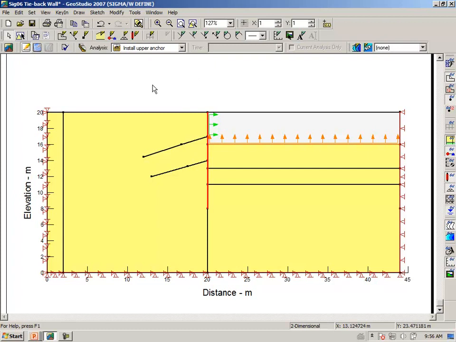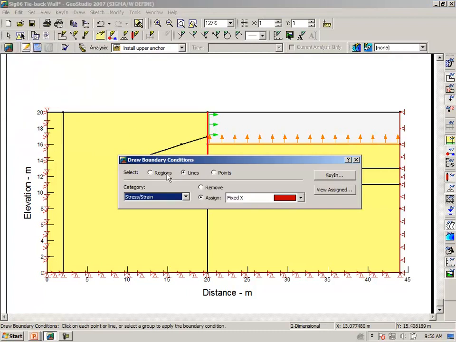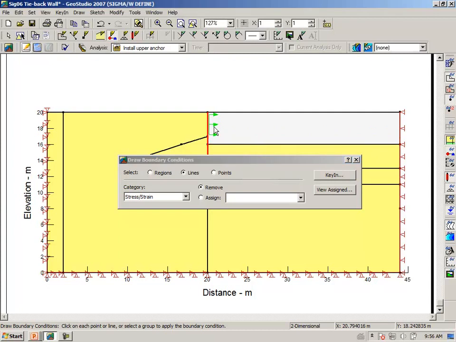Installing the upper anchor, remember in our discussion on incremental formulations, we do not want to apply the excavation forces a second time. Therefore, we have to say draw boundary conditions, remove from a line this excavation force and this excavation force.